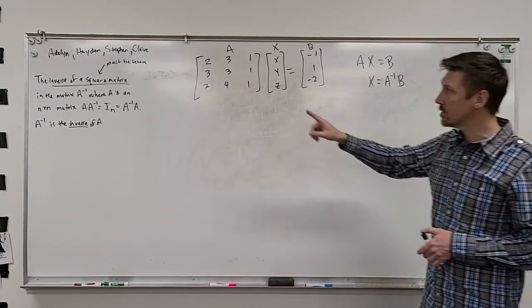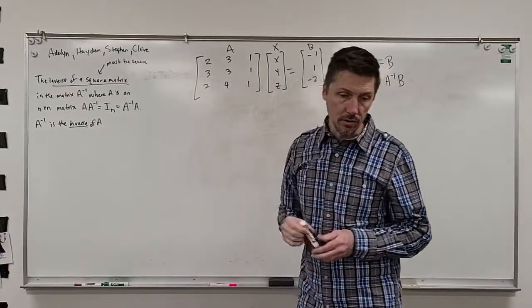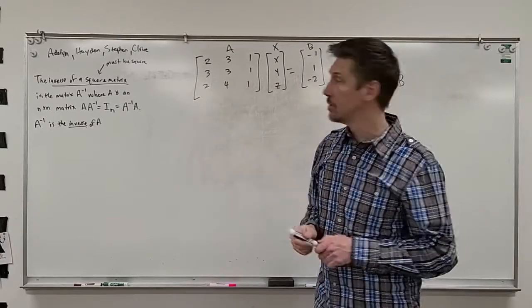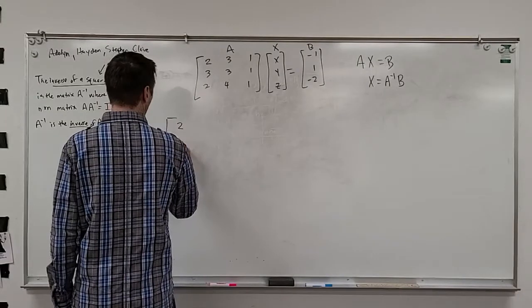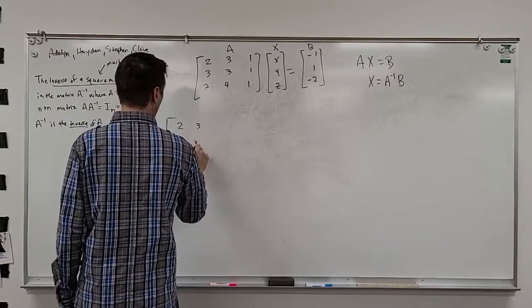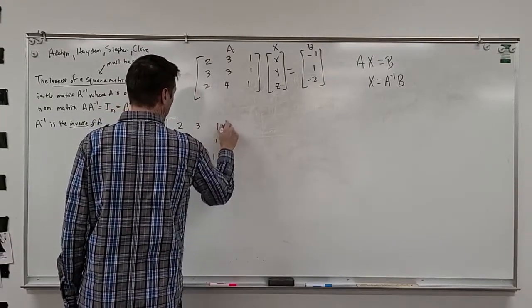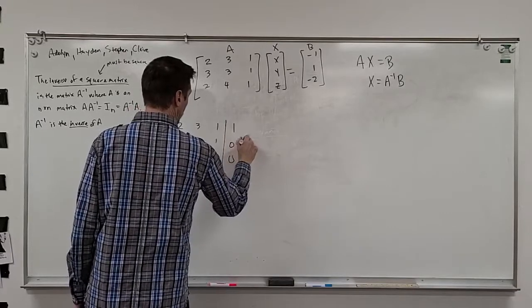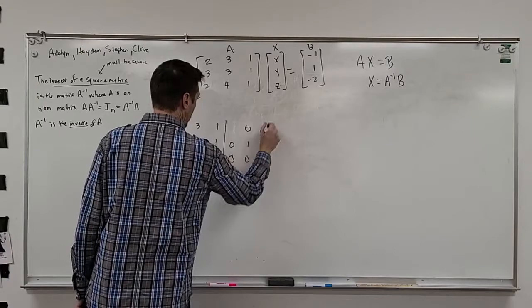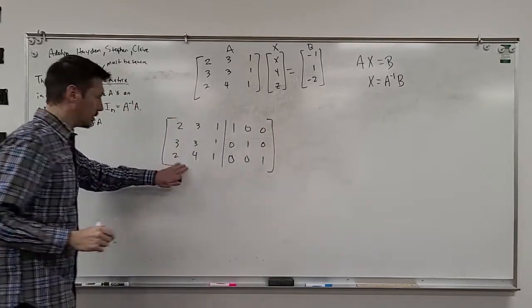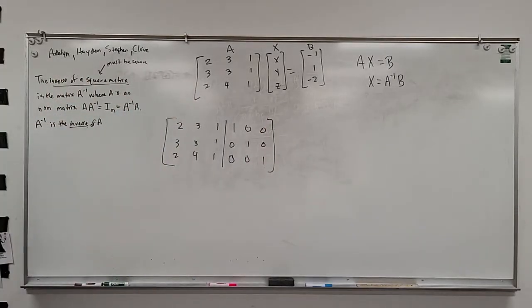So if we found the inverse of A, which we now know how to do, we can use the whole 2, 3, 2, 3, 3, 4, 1, 1, 1, and then say 1, 0, 0, 0, 1, 0, 0, 0, 1, and convert this into reduced row echelon form.